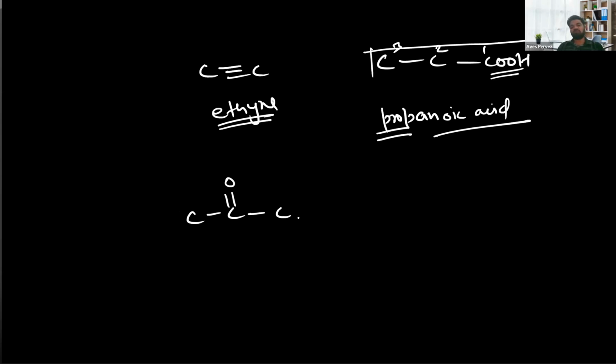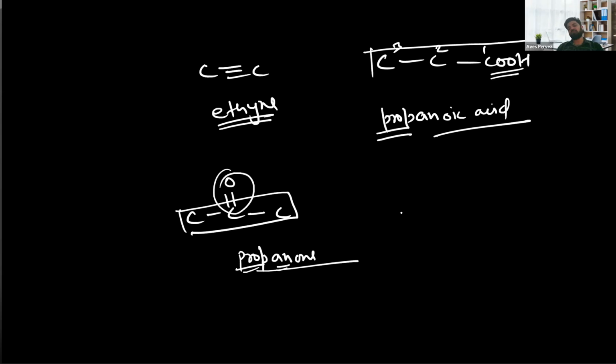There is no functional group prefix. Propane, then "one": propanone. Because this is the main carbon chain. For prop, there is a single bond between carbon-carbon atoms, "ane", and "one" for this functional group. The ketone suffix is "one". Got it? Yes, sir. Okay.